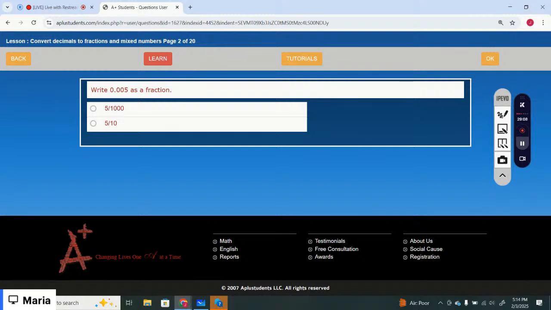Write 0.005 as a fraction. So which is the correct option?